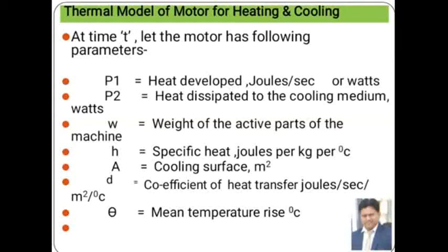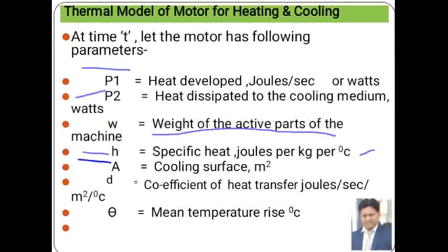At time t, let the motor have the following parameters. P1 is the heat developed in joules per second or watts. P2 is the heat dissipated to the cooling medium in watts, where W is the weight of the active part of the machine. Small h is the specific heat in joules per kilogram per degree Celsius.